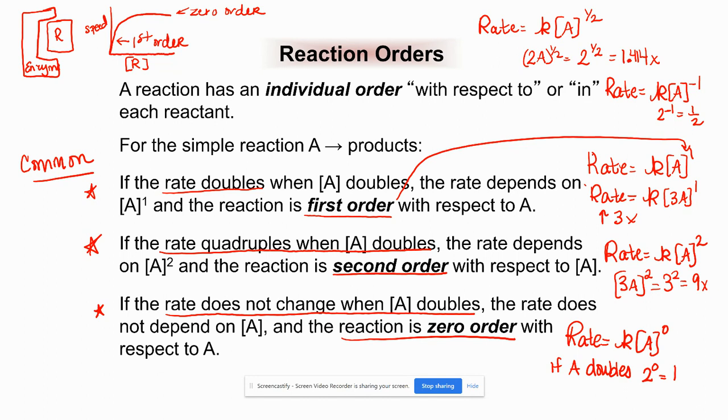I know it's kind of hard at first to understand this, but at the end of the day they are just exponents, and we're just talking about them in a fancier way. Instead of saying that the exponent is 1, we call it first order. Instead of saying the exponent's 2, we call it second order. Once we start looking at data, don't get so attached to the doubling business, because things can change by other factors than just 2.